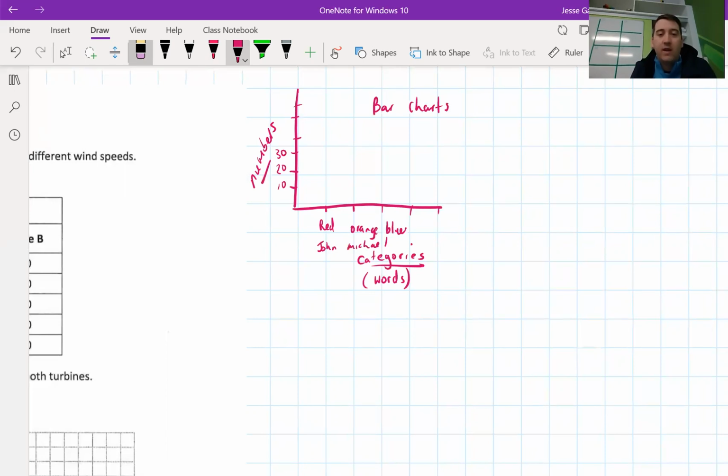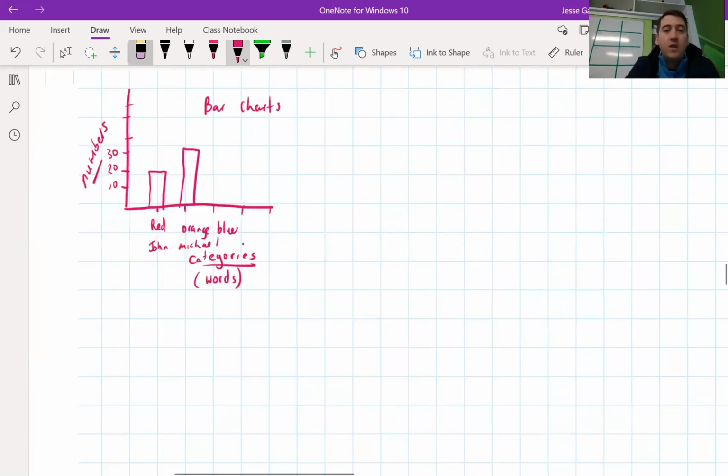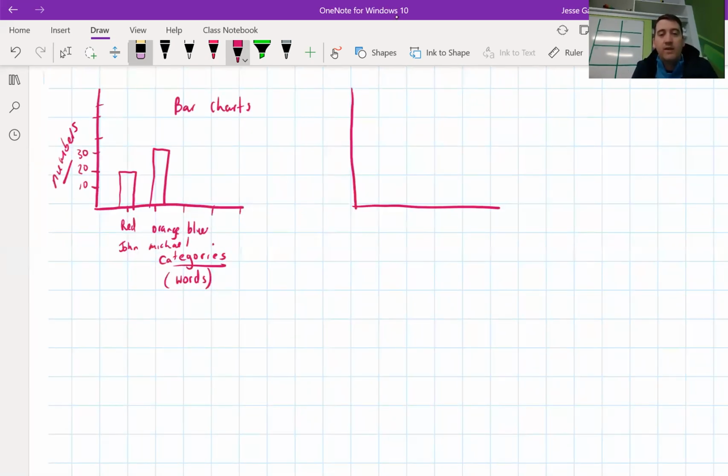Bar charts are for categories. So we say 20 were red, 30 were orange. So when there's not a set of numbers here, we use a bar chart. When there's 2 sets of numbers on the axis, like this, where this is a set of numbers, 10, 20, 30, and this is another set of numbers, 10, 20, 30, 40, well, then we usually use a line graph, which means we plot the points.